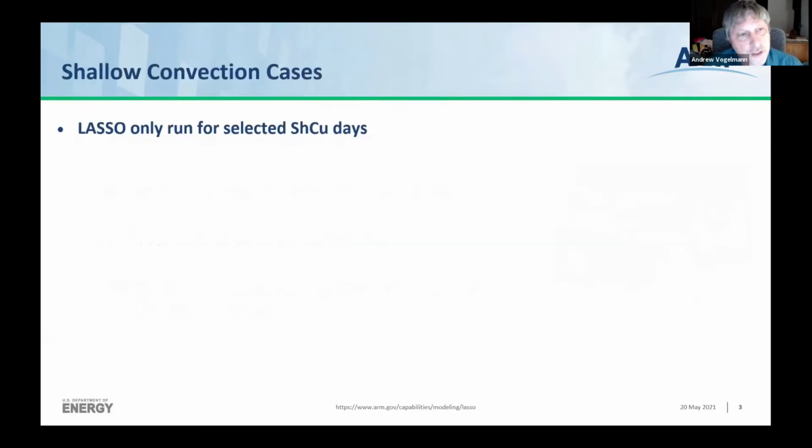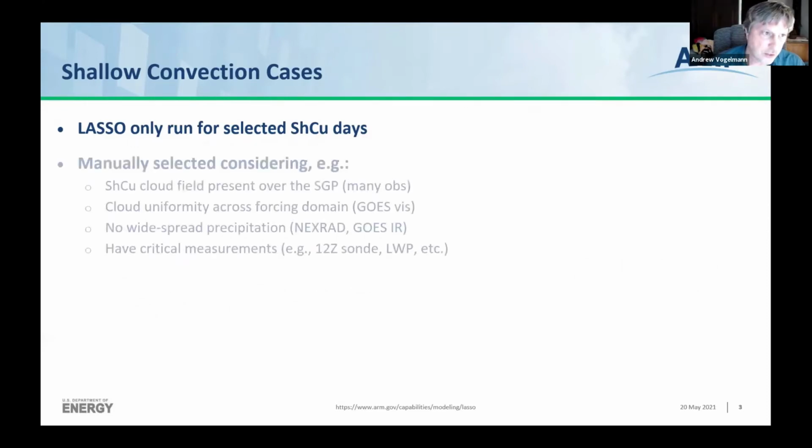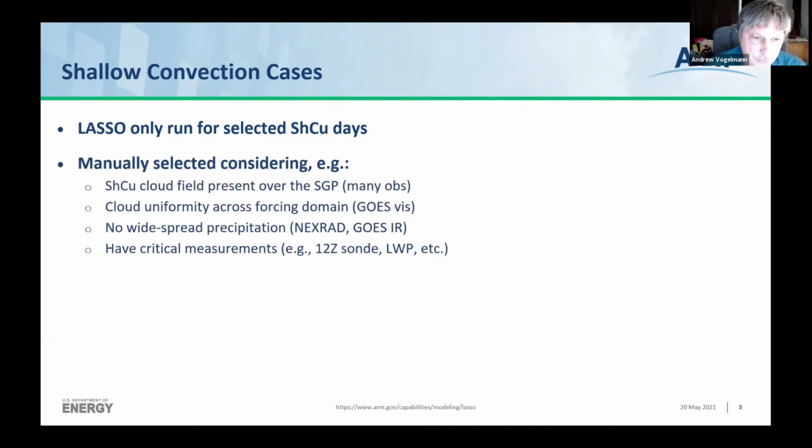So first, shallow convection cases. As Bill mentioned, we only run for shallow convection days that we select. This is not an NWP product where we run all days. Doing that selection, there are many details, but just as a broad overview, they are manually selected by Bill and myself, involving several criteria.